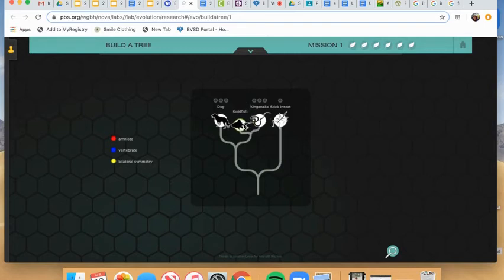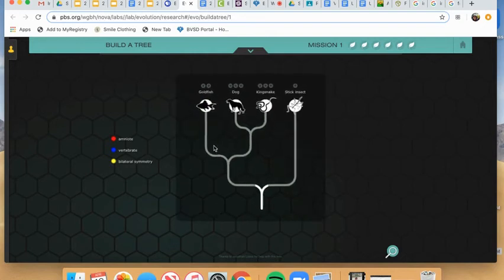If we do this, that puts it closer related to the king snake, and that's not what we want either. If we do this, it puts it closer related to the dog, and that's also not what we want. We want it on its own branch separate from the dog and the king snake. So I'm just going to go a little bit lower so it creates a branch out from there, which puts these 3 in a similar category, and then the stick insect on its own. But then it also puts the dog and the king snake in its own separate category aside from the goldfish.